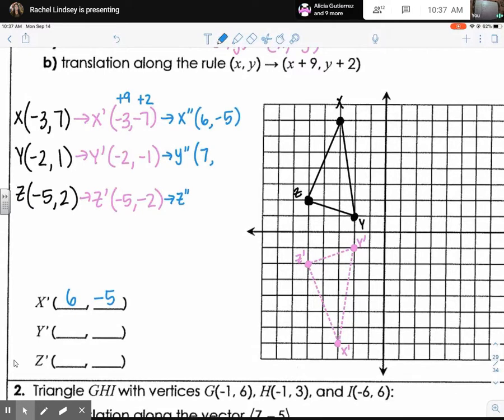And then 2 minus 1 gives you 1. I'm going to transfer that down to my answer blank. And then -5 plus 9 is 4. -2 plus 2 is 0. So my Z double prime is at 4, 0.